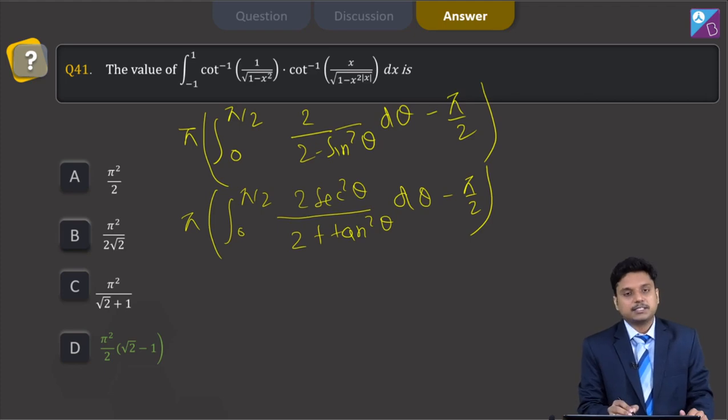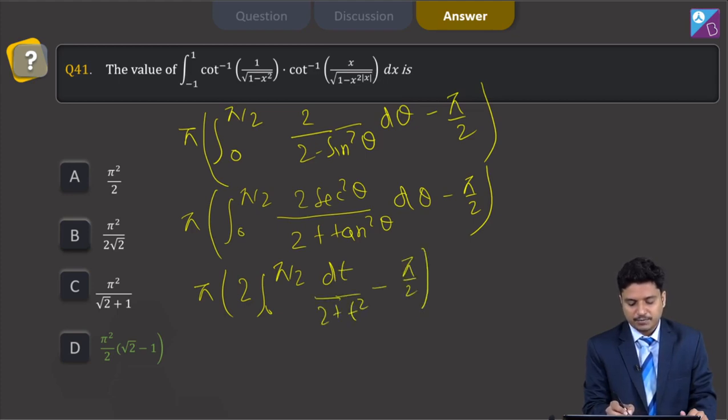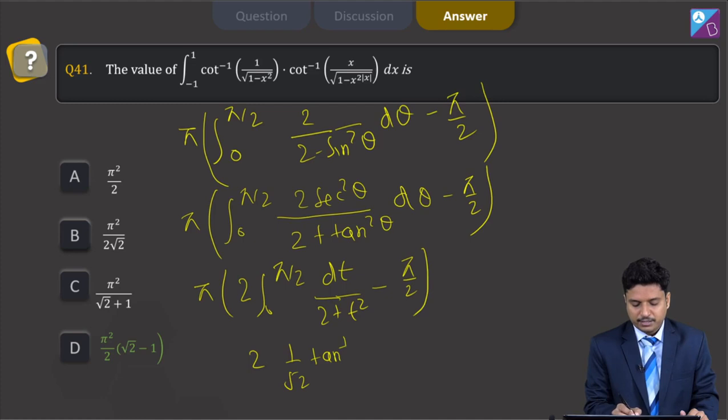Now if we consider this tan theta as t, what you are left with is 2 dt upon 2 plus t square. So this 2 will be here, 0 to pi by 2, and this is dt upon 2 plus t square minus pi by 2. So this is 2 into 1 upon root 2 tan inverse t by root 2, right?